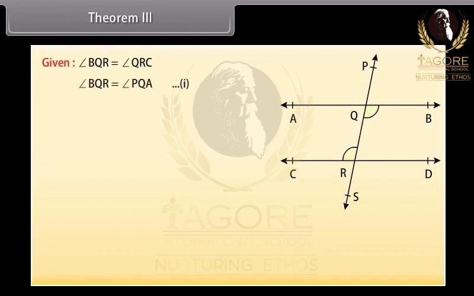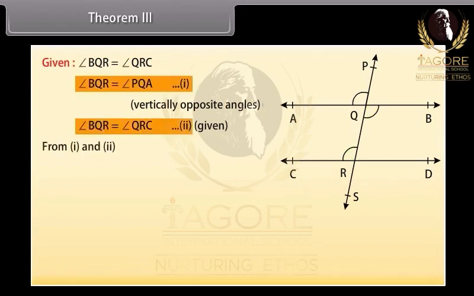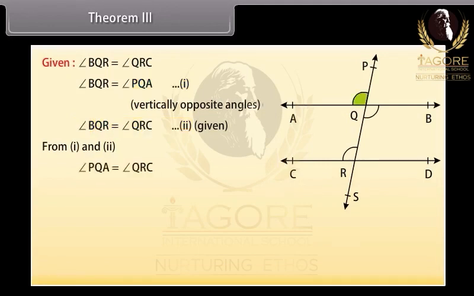Also, angle BQR is equal to angle PQA because these are vertically opposite angles. Mark it as 1. But angle BQR is equal to angle QRC, given. Mark it as 2. So, from 1 and 2 you may conclude that angle PQA is equal to angle QRC.